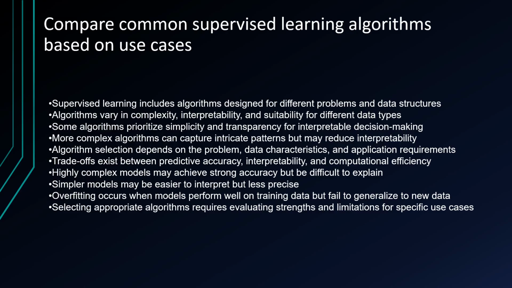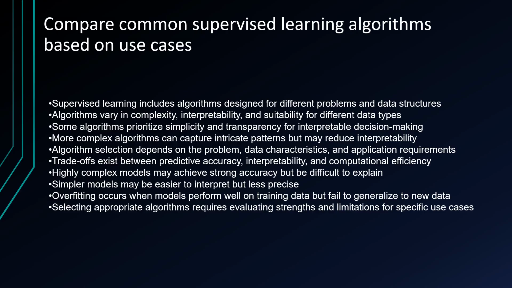In many business, healthcare, financial, and policy environments, decision makers require explanations in addition to predictions. Organizations may need to justify automated decisions to regulators, customers, auditors, or internal stakeholders. In these situations, simpler models may be preferred even if they sacrifice some predictive precision.